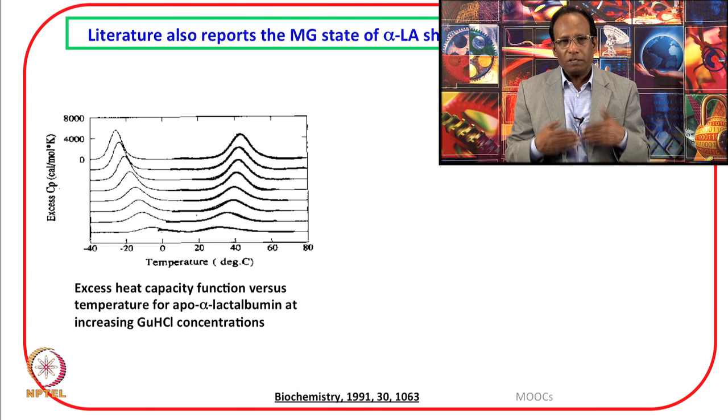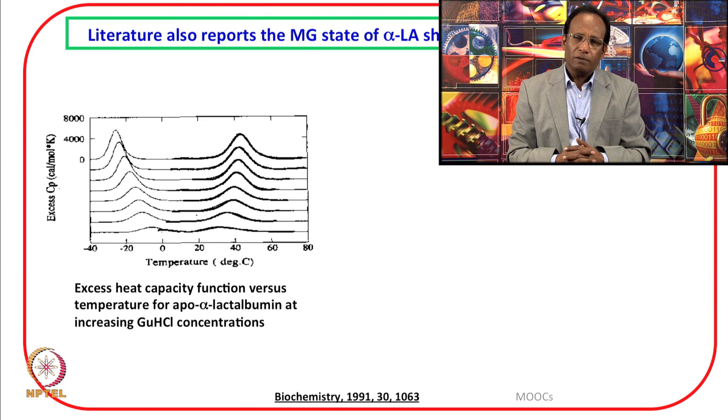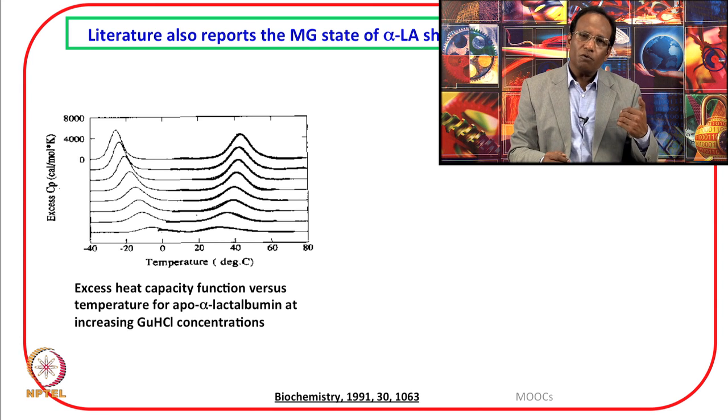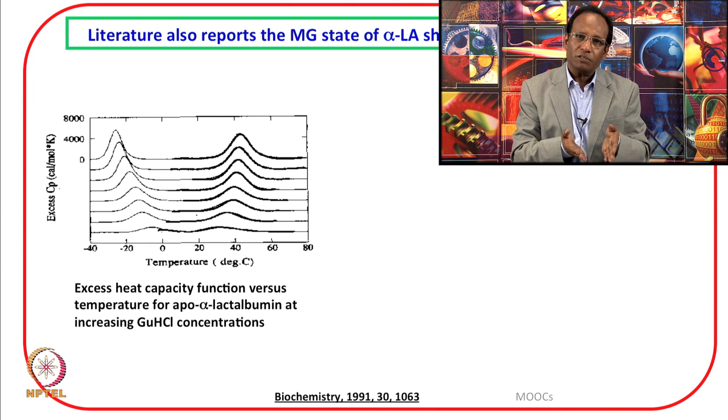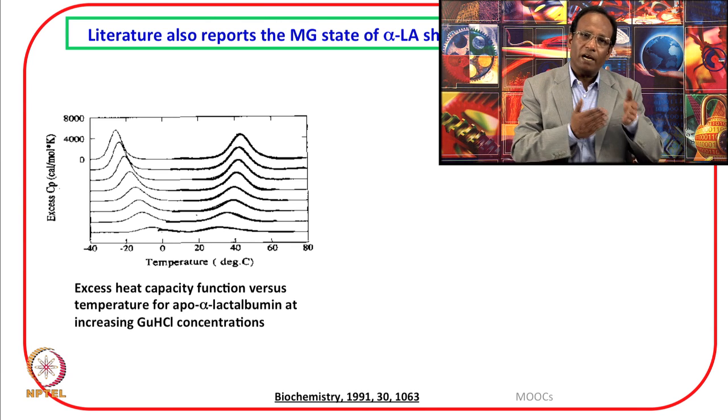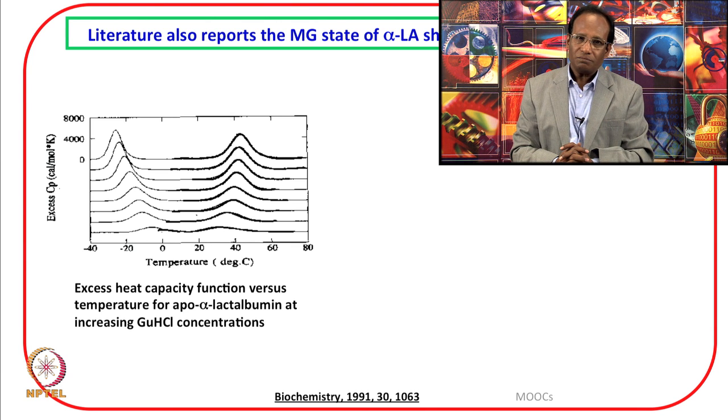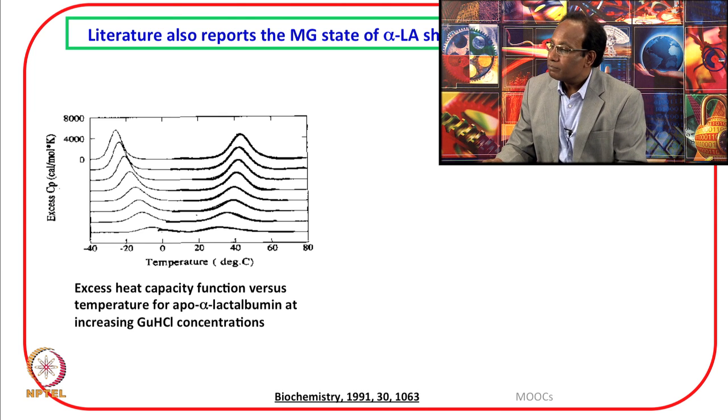Apo-alpha lactalbumin. What is apo-alpha lactalbumin? Apo means you have removed the cofactor, you have removed calcium from it. So, once you remove calcium from alpha lactalbumin, obviously it will lose its stability and it should go into an intermediate conformation in between native state and denatured state. Let us take a look at the figure.